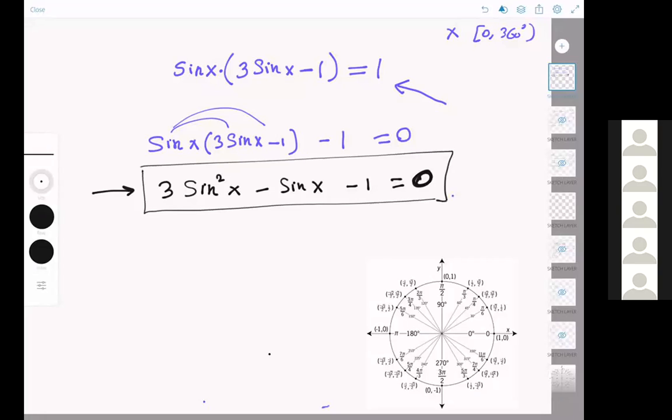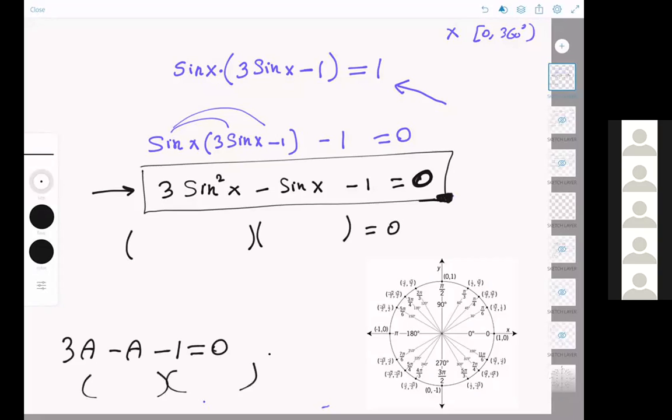I mean, you need to factor it, correct? Are we able to factor it? If we have 3a squared minus a minus 1 equal to 0, are we able to factor this?